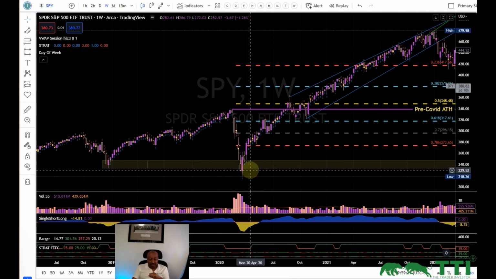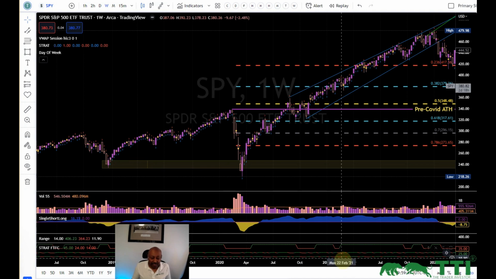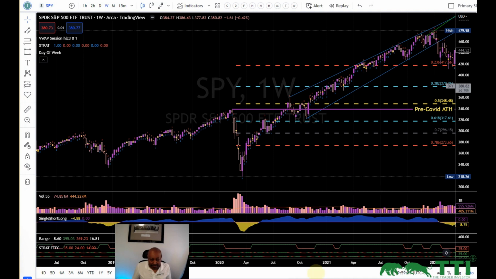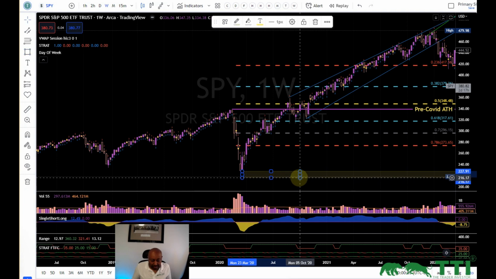So this is your order block. This is where a lot of the manipulations are taking place. And now you can say this order block area, because this one bar has a wick to it, you can just use this.